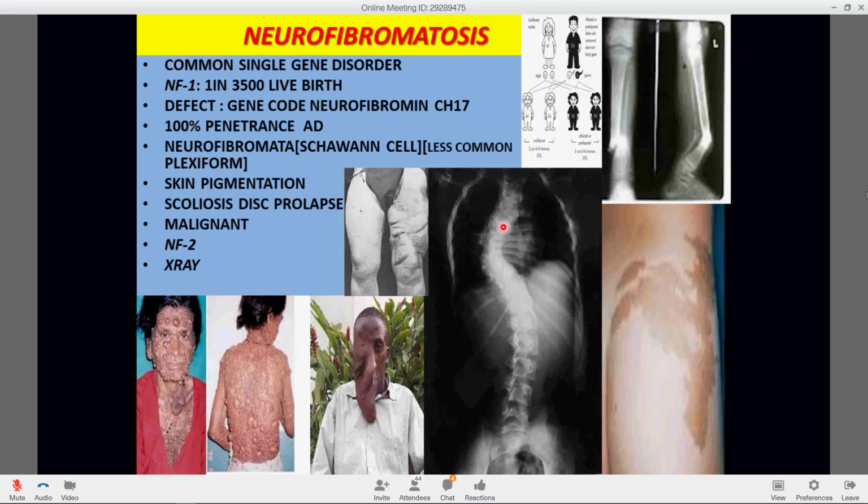As you can see, the spine is bending, and sometimes it presents with pseudoarthrosis of the tibia. This is the classical cafe-au-lait appearance of the skin. Malignant transformation is possible.